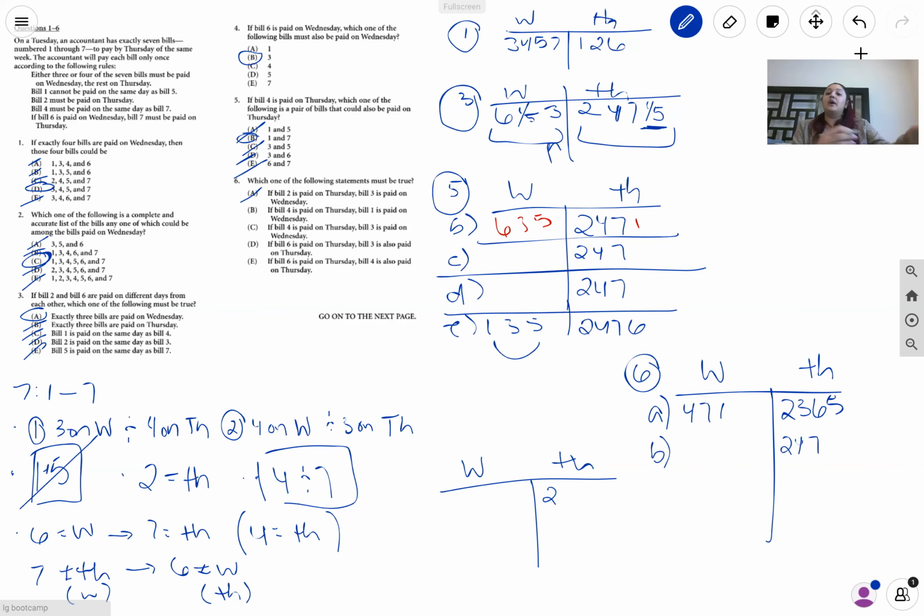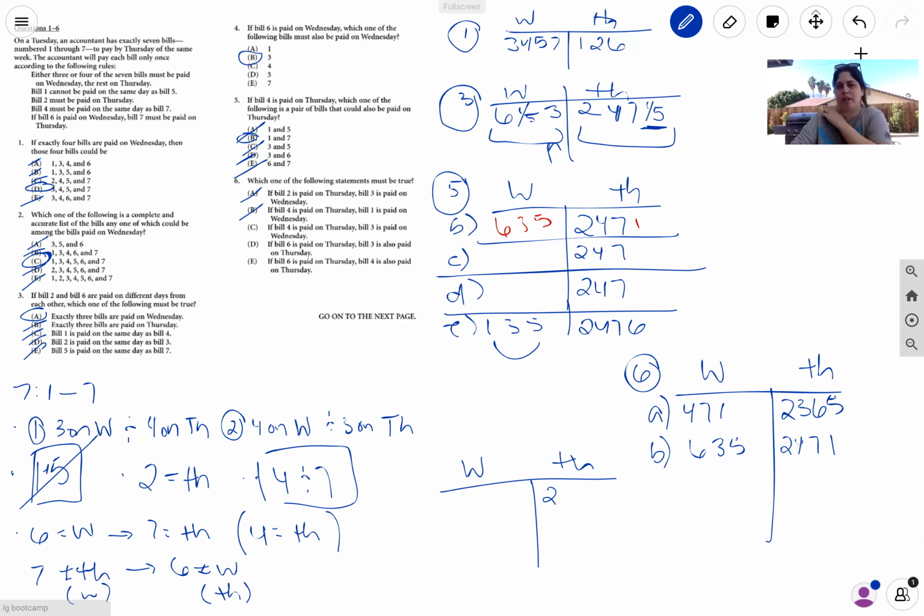And it says bill 1 must be paid on a Wednesday. So I'm going to see, what if I put 1 on Thursday? Is my diagram still going to work? So I plug in 1, and I plug in 6, 3, and 5 here. And I know that my diagram can still work even though 1 isn't on a Wednesday. So 1 doesn't have to be on a Wednesday, so it's not my answer because I'm looking for the thing that has to be true every single time. Make sense so far?